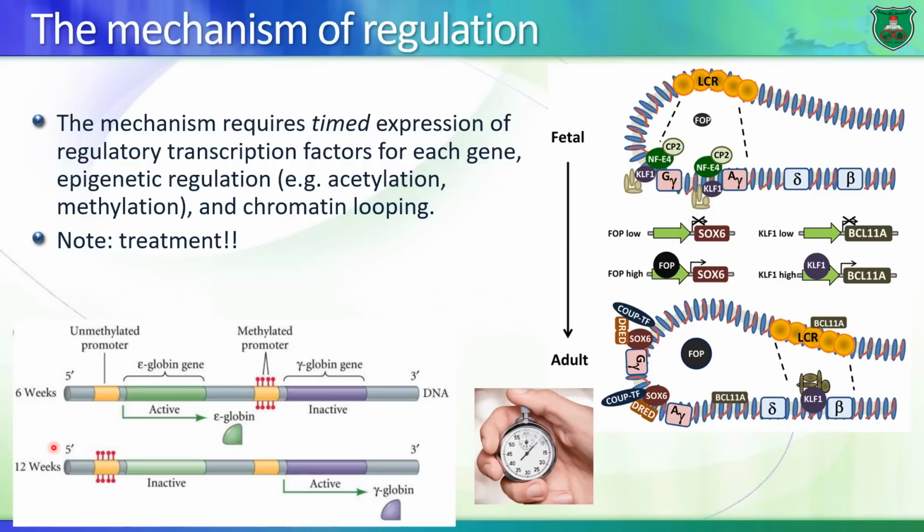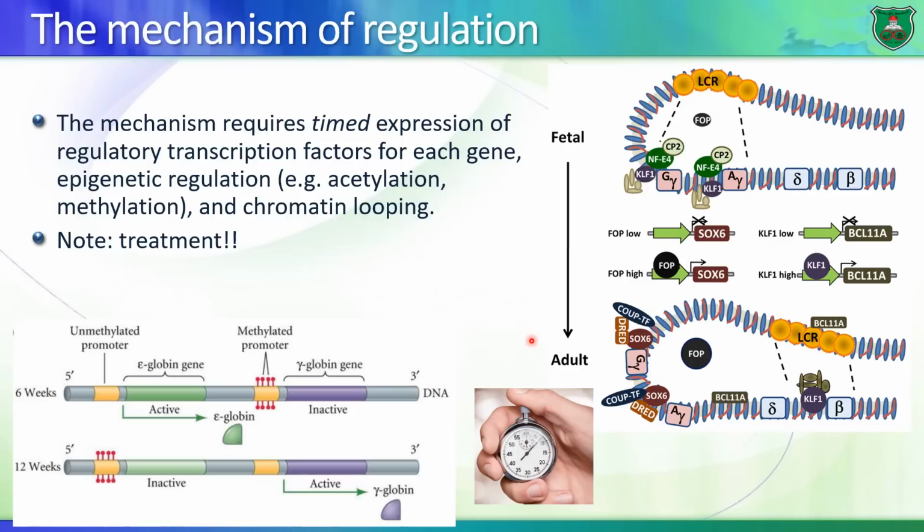So the idea is to think about it in terms of treatment. People with defects in the beta gene, like in beta thalassemia, for example, what if we treat them by inducing expression of the gamma gene, producing gamma polypeptide? That would solve a problem.